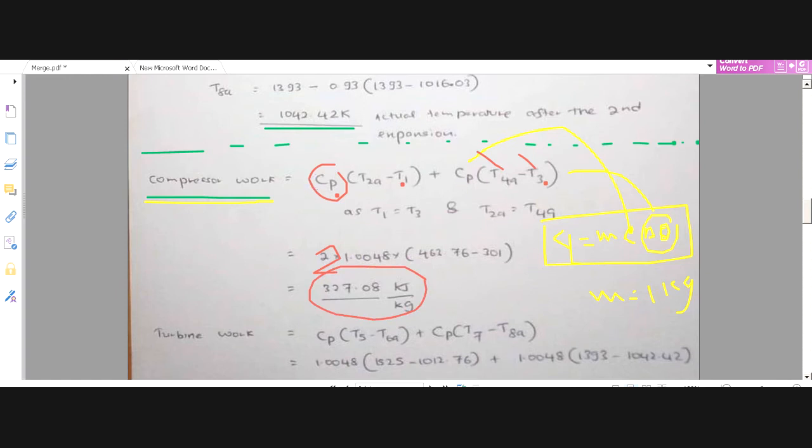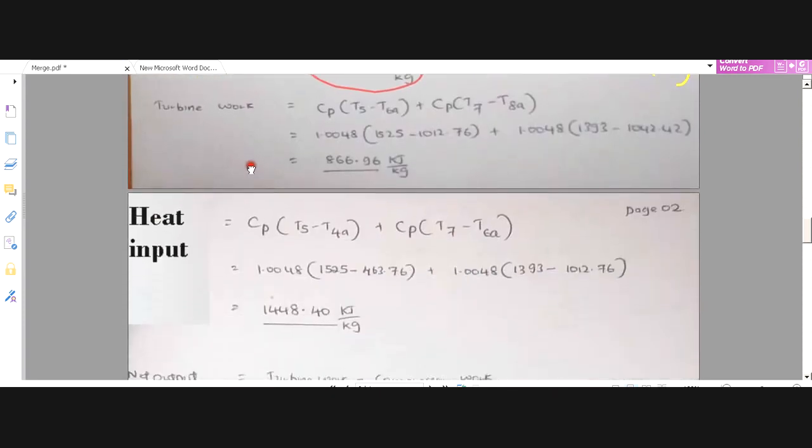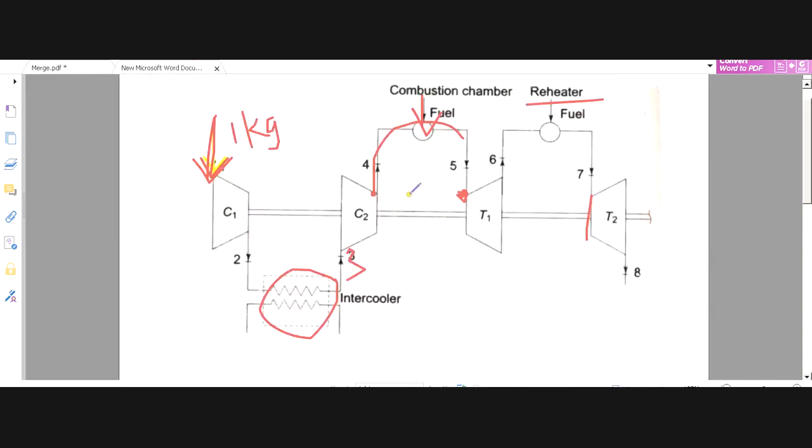The next thing is the turbine work. How to evaluate the turbine work? Cp times the input temperature to the turbine. If you consider the first turbine, the input temperature is T5 minus the ending temperature. You can put T6, it is okay, but when you consider the efficiency, it is 6 dash or 6A.